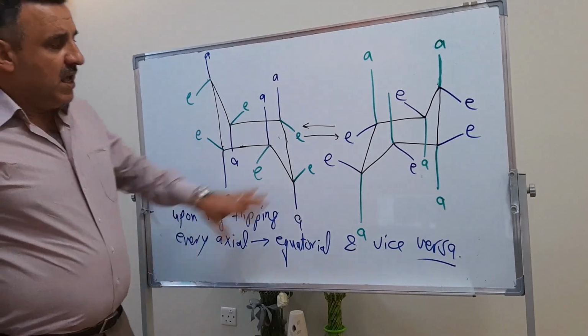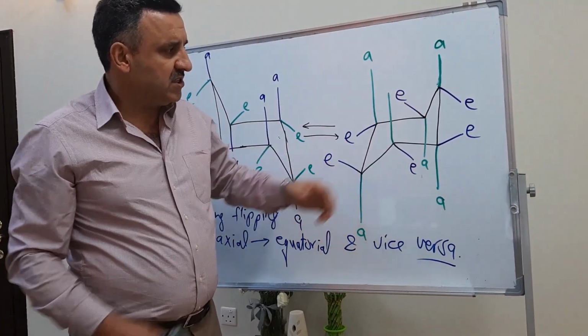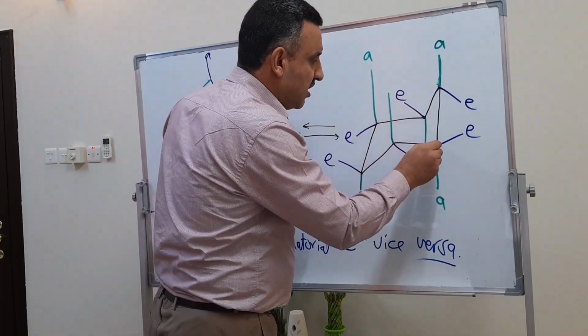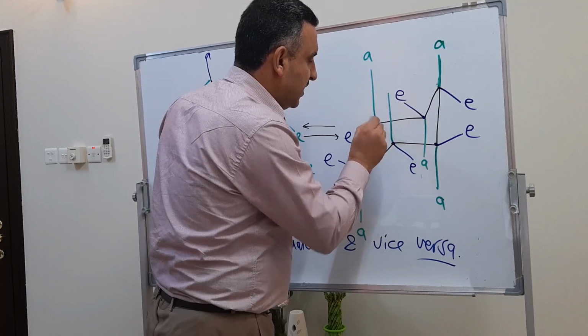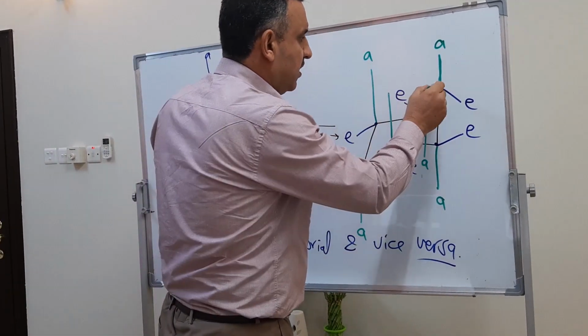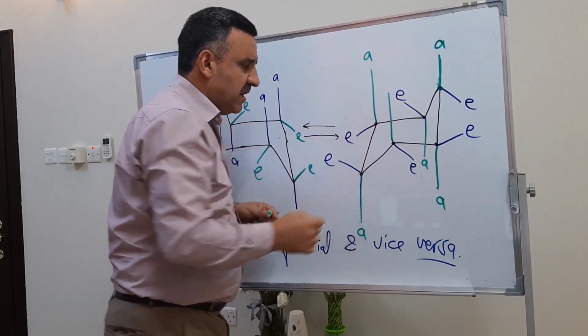Anyway, this is the chair conformation. This is how we draw it. As you can see, these 4 bonds here are on the plane, making the seat of the chair, while this bond on the top is above the plane, and this one is below the plane.